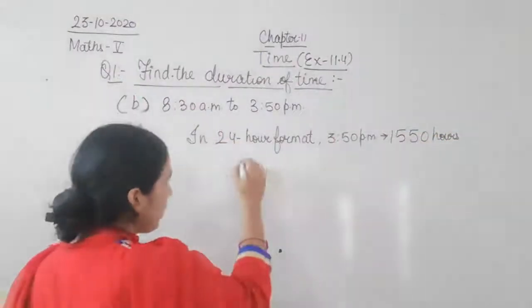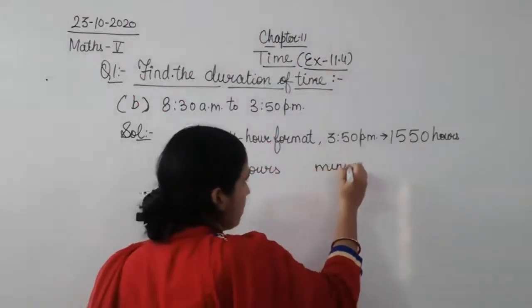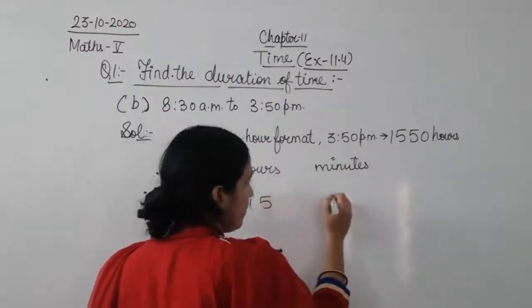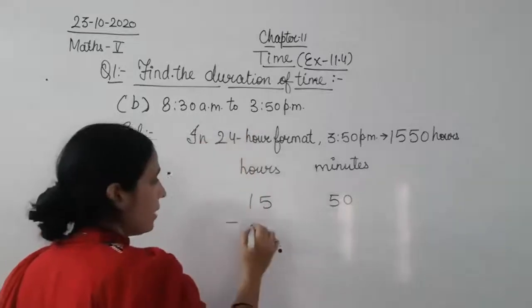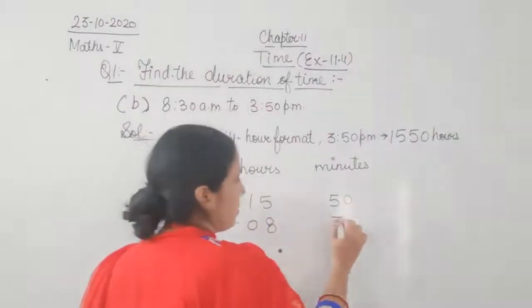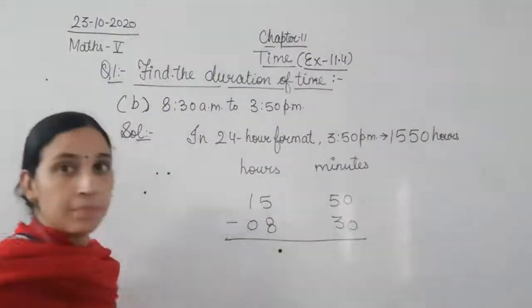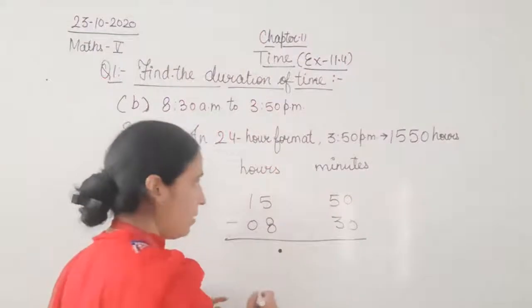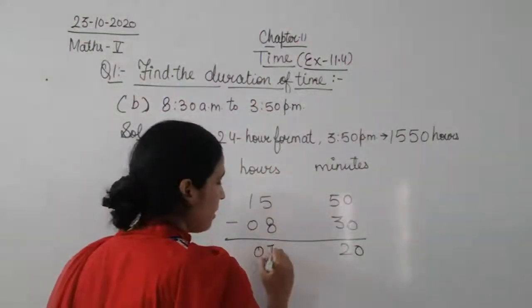So what will we write here? We will write hours here and then minutes. Then 15, 50 and then we will subtract this 8, 30. Now we don't require to borrow anything. Fine. So this will become 20 and this will become 7.